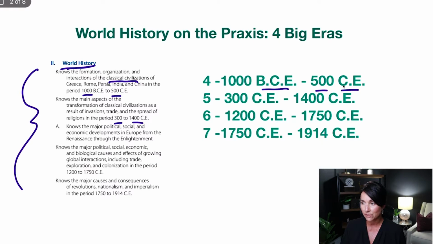Era 5 is 300 CE to 1400 CE, and so on and so forth, until we get to 1914. And 1914 is the end of Big Era 7, which is the start of World War I, which starts a whole other era, okay? So this part of the world history portion of the exam, we're talking about classic civilizations way back in the day. We're not talking about modern day here.